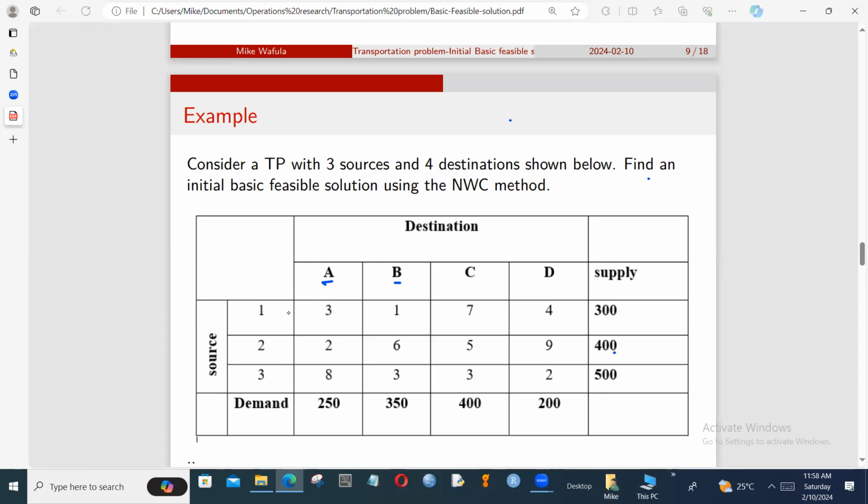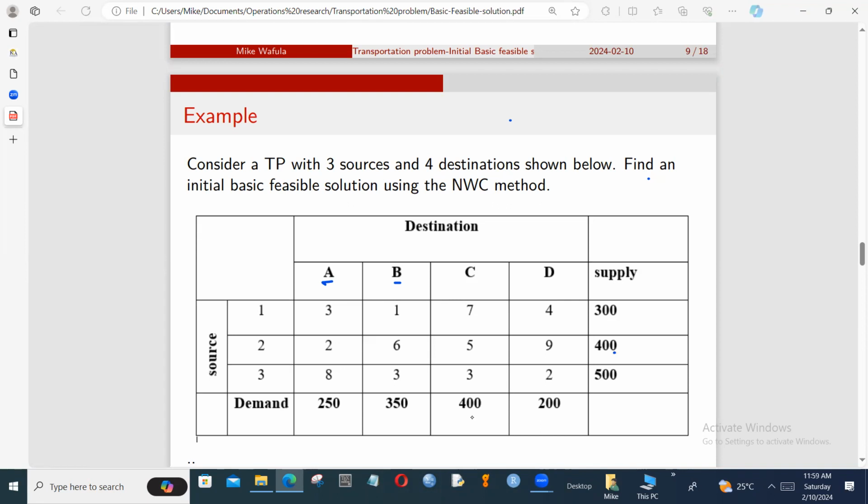Destination A needs 250 units, destination B needs 350, destination C needs 400, and destination D requires 200.